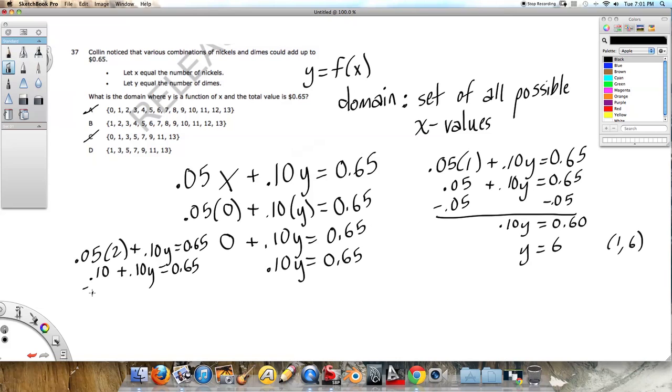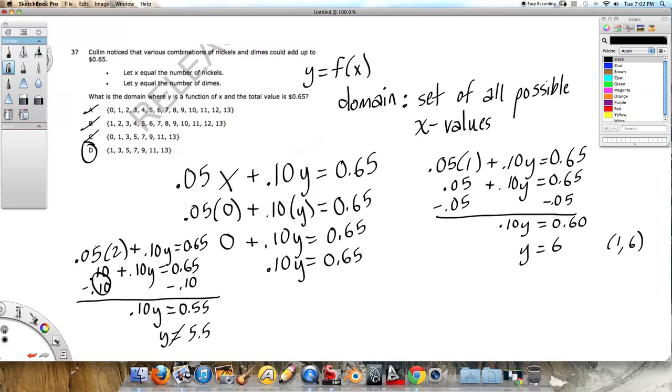Well, if we take away 10 cents from both sides, these cancel, and I'm left with some number of dimes, y, times 10 cents, has to give me 55 cents. But we come up with that same problem. You can't get 55 cents out of just dimes, so there is no y that is actually possible for this context. If you solved it, you would get 5.5, but you can't really have 5.5 dimes. So that means 2 will not work in this context, so B is also not an answer choice.